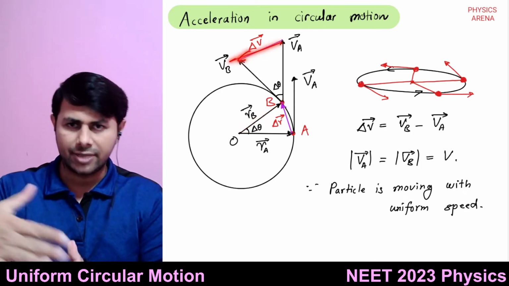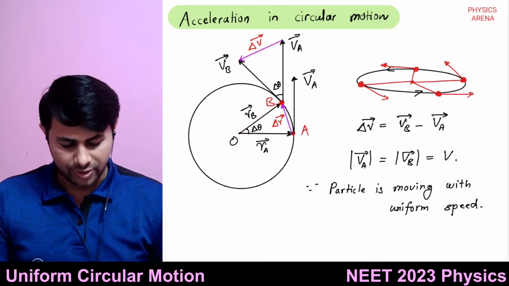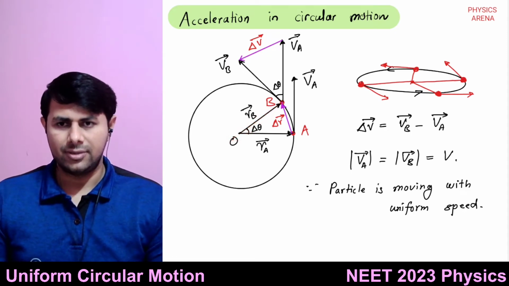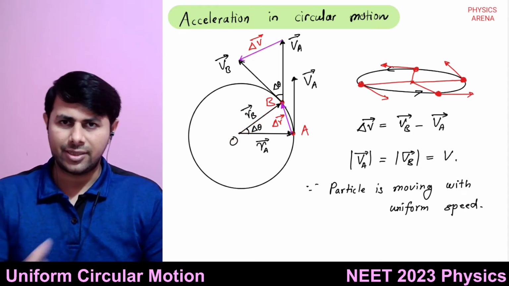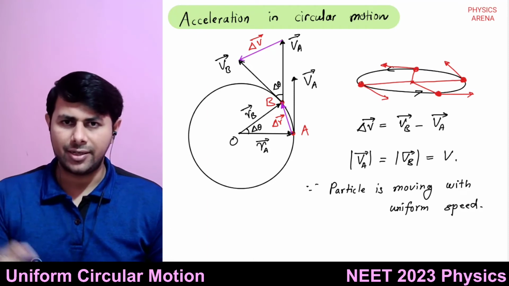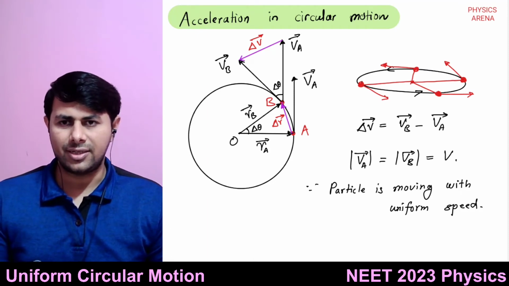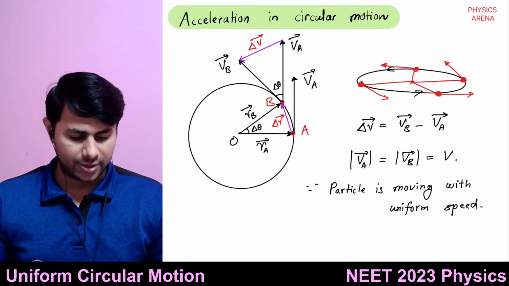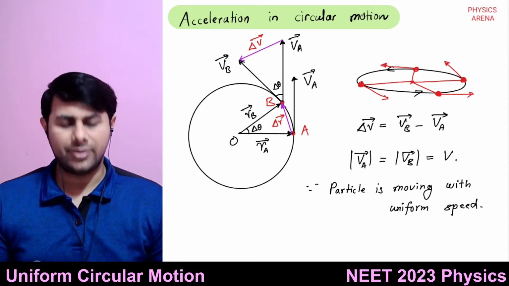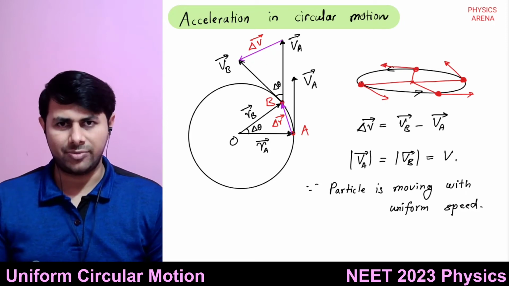Now it is a little bit off, not parallel to this. If you take a sufficiently small angle, it will be directed along the radius and towards the center of the circle. And we'll prove that tomorrow, when we find out the same thing using the calculus method.